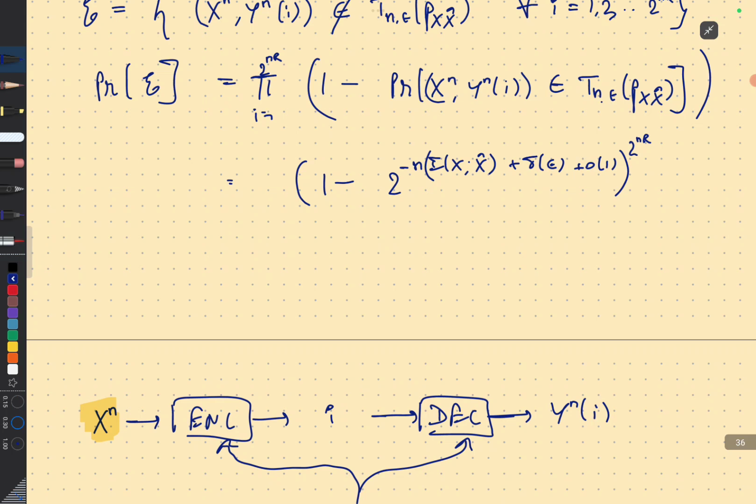I'll use the following bound. We have 1 minus x being less than or equal to e to the minus x.